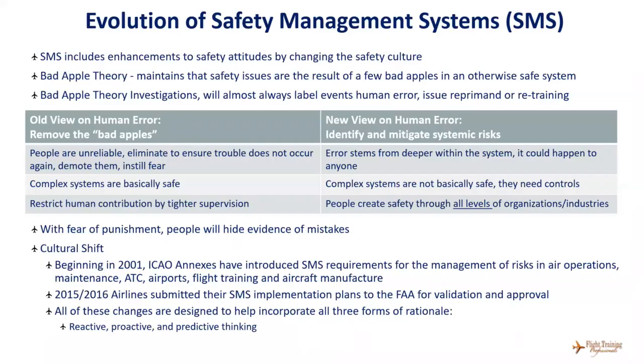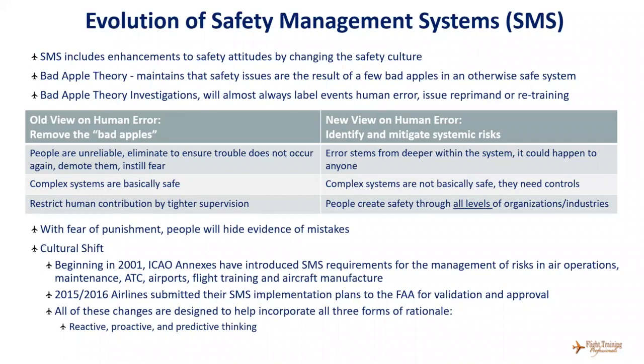So just to start, the evolution of safety management systems, well, where did it come from? Across the board, in any industry really, especially going back a couple decades ago, and even in some companies still today, you have something called the bad apple theory. The bad apple theory really just maintains that safety issues are the result of a few bad apples in an otherwise safe system.